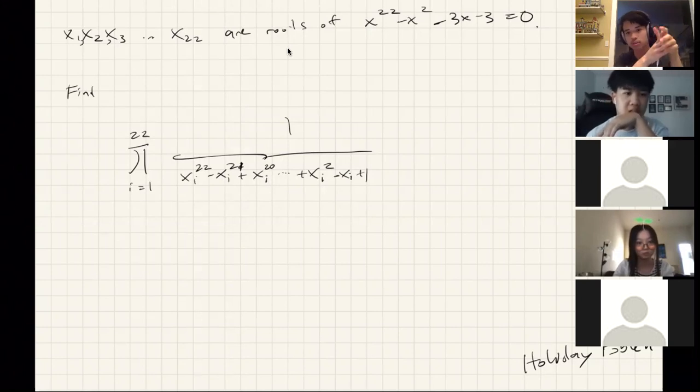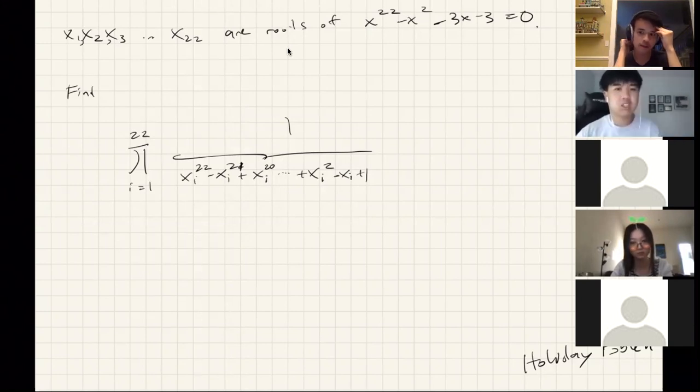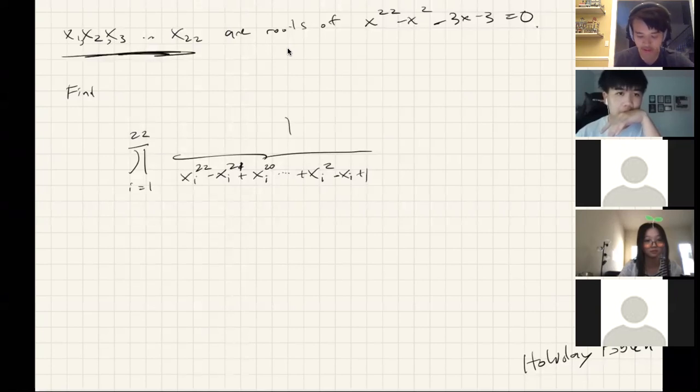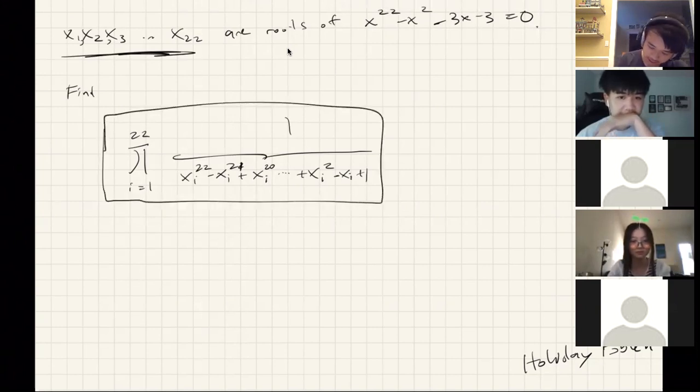So you're going to use properties of whatever polynomial you're working with to come up with some insight to figure out how to evaluate the product involving the roots of the polynomial. So you're given x1, x2, x3, blah, blah, x22 are roots of this weird polynomial over here. So your goal is to determine this product right here.